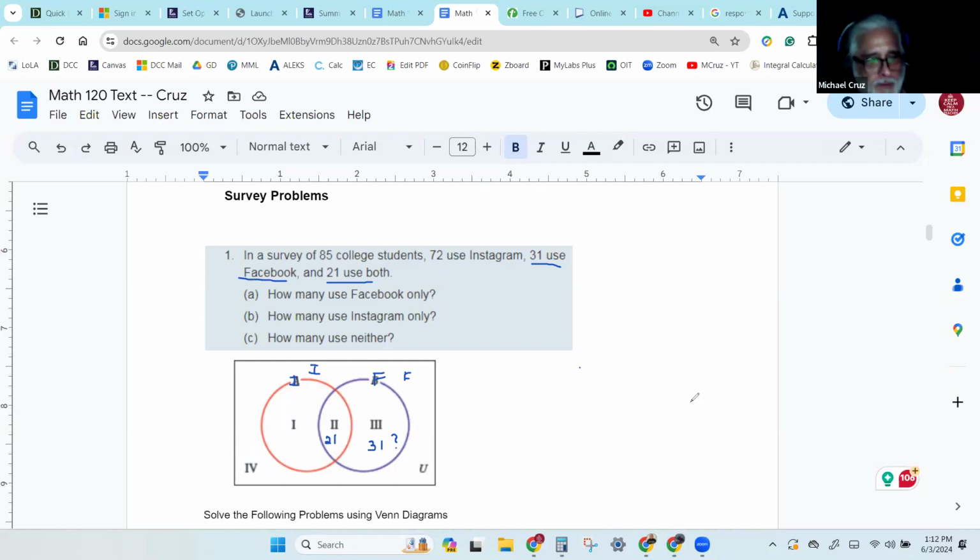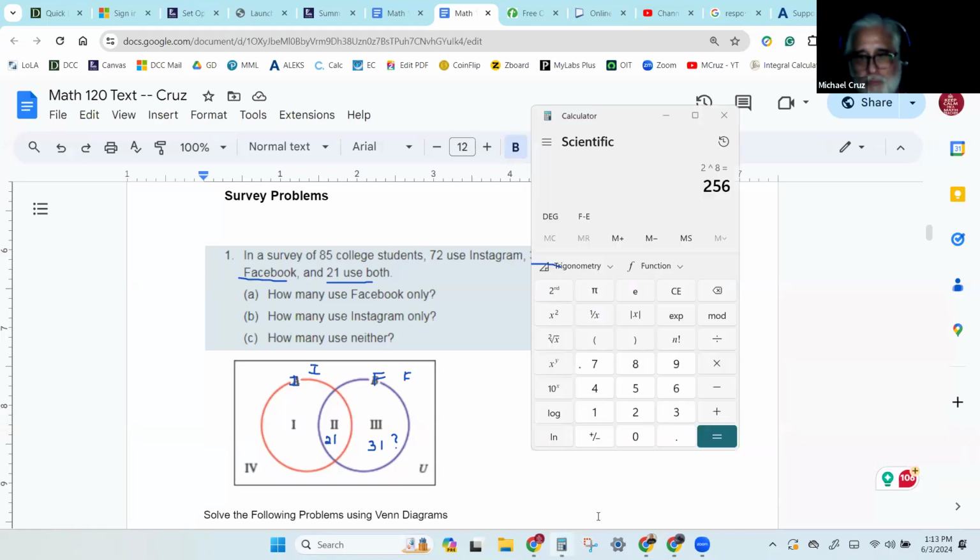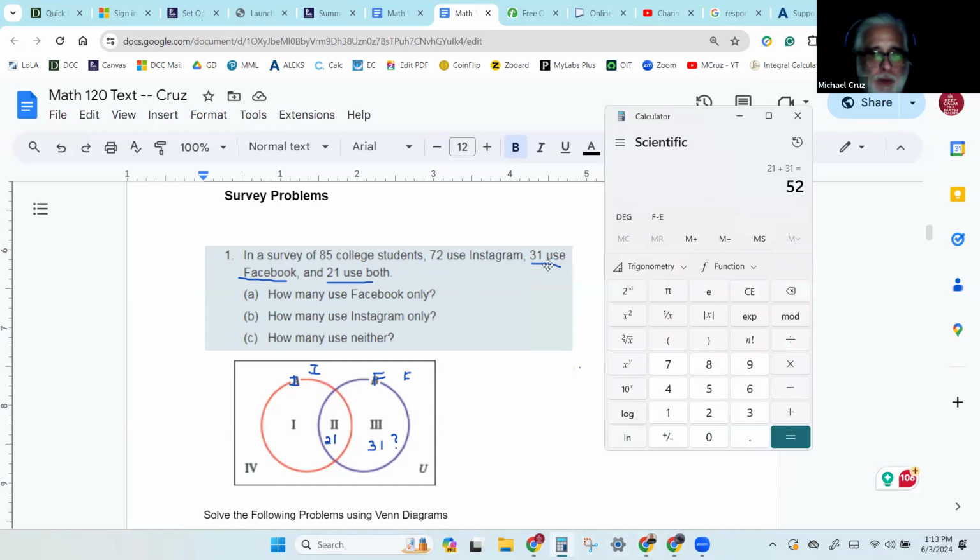Count the numbers. It's 21 plus 31. So I now have 52 in there. But see, there's the problem, because it says 31 use Facebook. So everything has to add up to 31 in that Facebook circle.